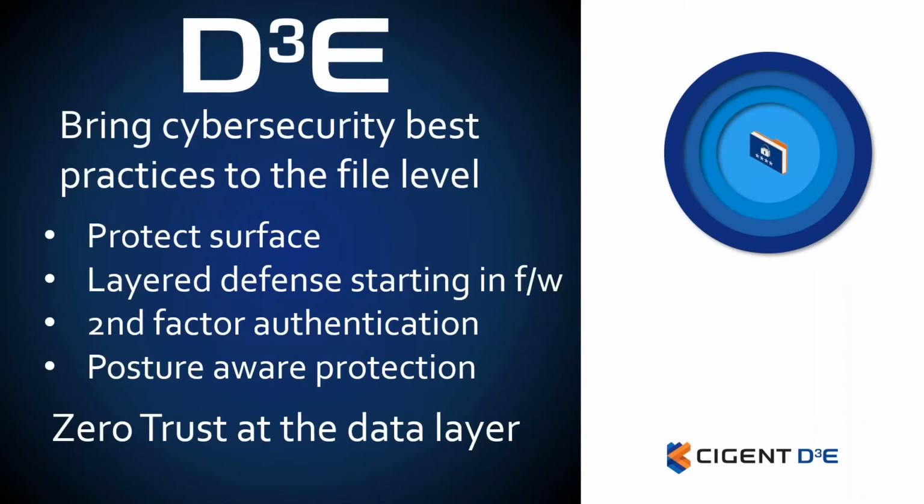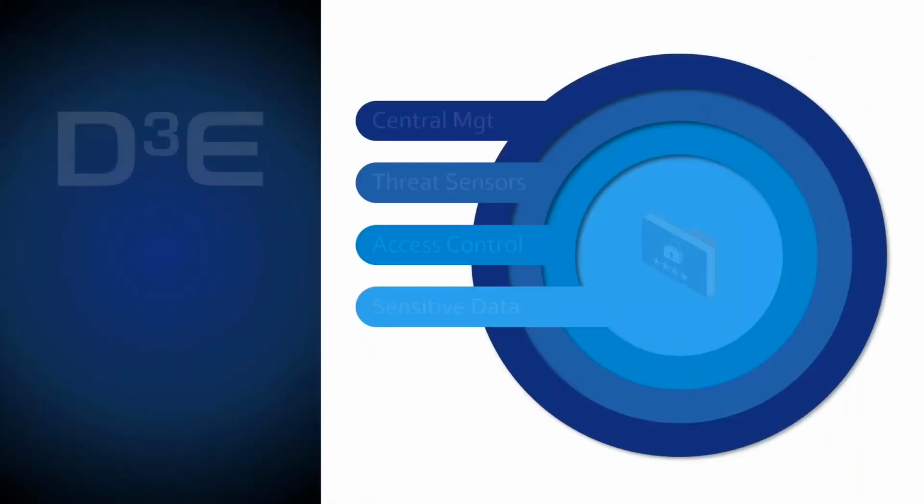That means the protection put on top of your data will change based upon the posture, or the threat landscape, on the endpoint or in your environment. It works as part of a larger ecosystem of solutions that you might already have in place. In short, it's this idea of zero trust down at the data layer to protect what the bad guys are really after.